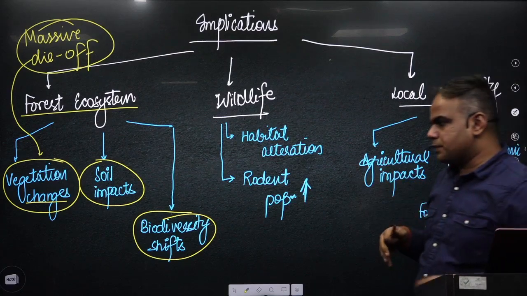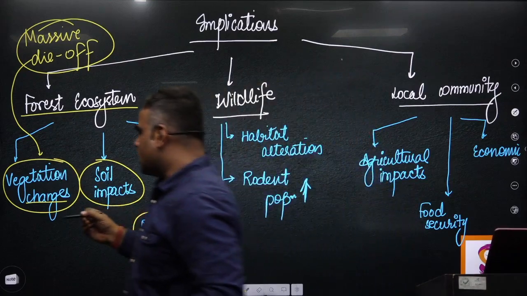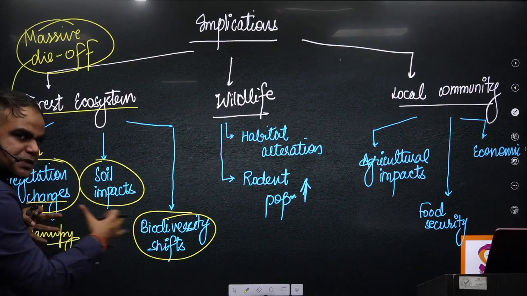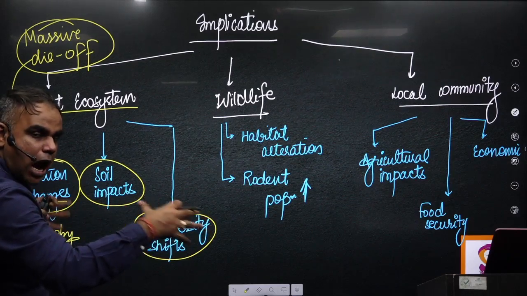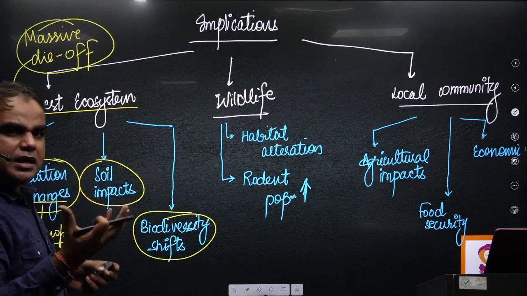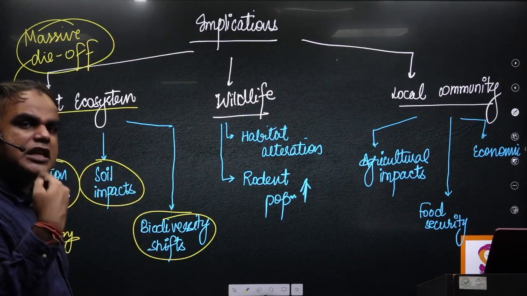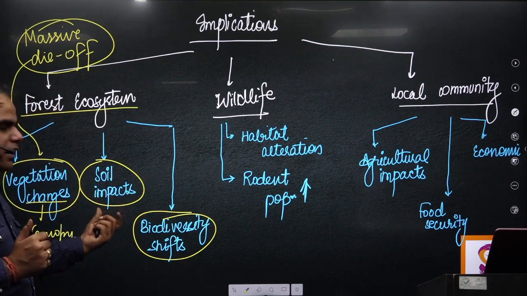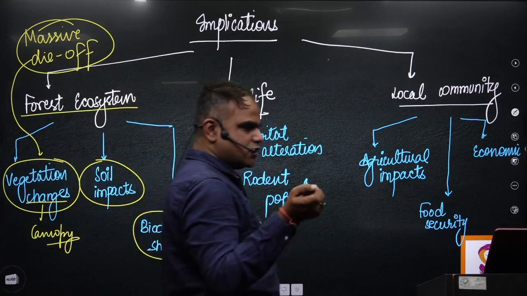And because of this die off, the canopy will also change. In fact, there will be a lot of gaps in the canopy. However, a consequence of these gaps is that certain other regenerations can happen. Of course, if soil is impacted, the biodiversity also gets impacted. Here are just a couple of points.